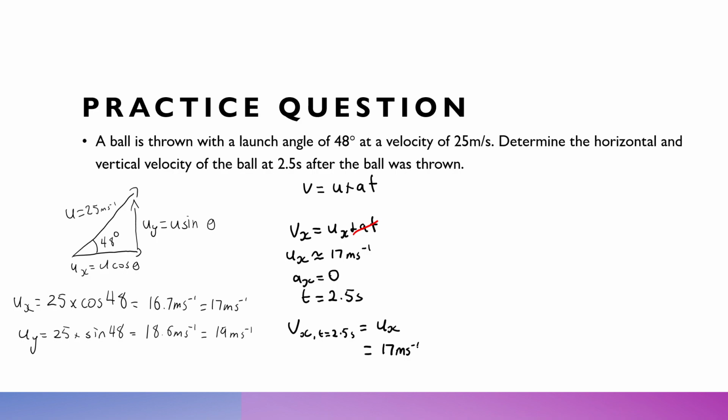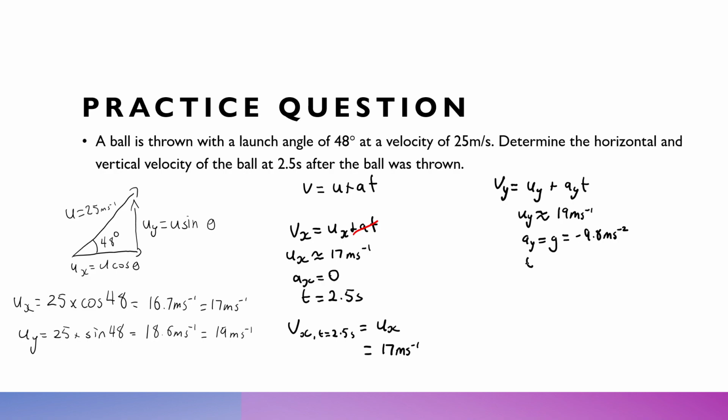Now in the y direction, the calculation is only going to be a little bit more involved than the previous. Again, we're going to look at this idea that vy is equal to uy plus ayt. Extracting our data, we know that uy is approximately equal to 19 meters per second. We know that ay is equal to g, which is negative 9.8 meters per second squared.